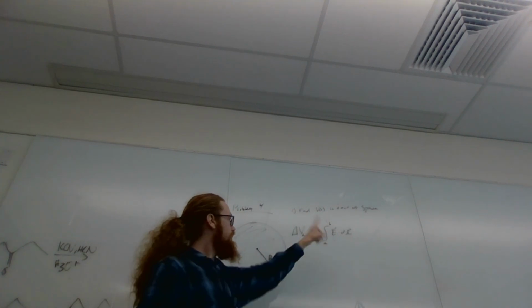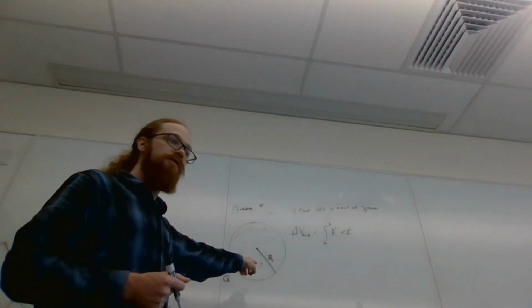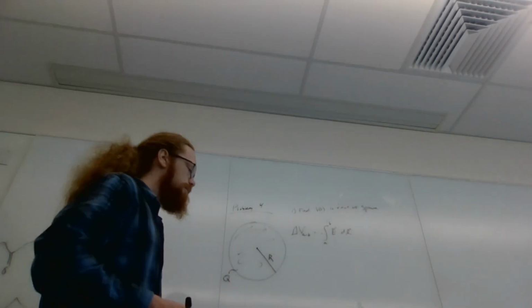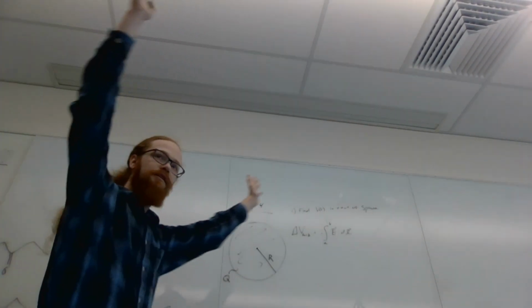So what we need is E, if we want to do that. So how are we going to get E? Well, it's a configuration of charges, so immediately it should sniff Gauss's law. So we're going to draw a surface. What shape should the surface be? It's a sphere, because it's a sphere. Just match whatever the shape is.